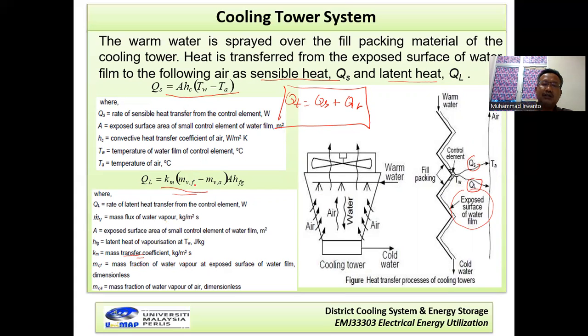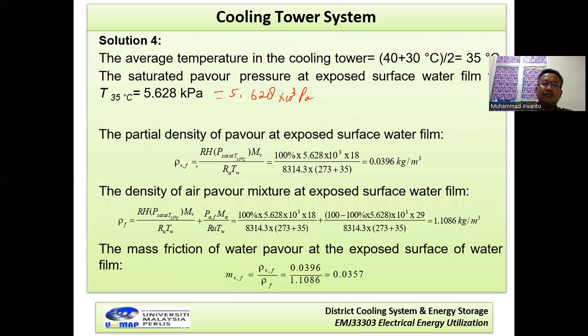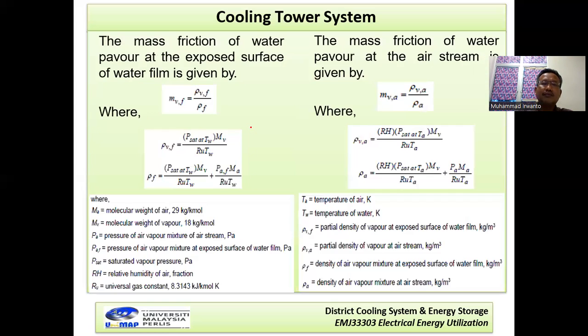So first we want to find the mass fraction of the water. The partial density of the vapor, because we can see here the formulation, rho Vf and then rho F. Here we find rho Vf and also rho F following this formulation.